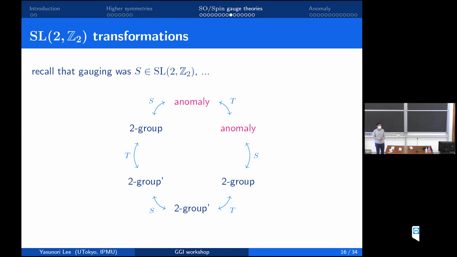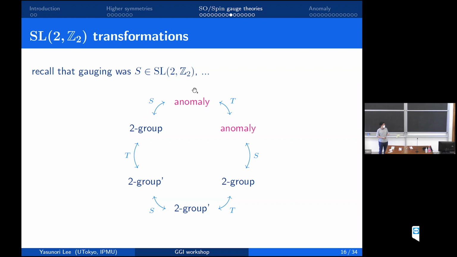They were related to each other by gauging of one-form symmetry, which corresponds to the S transformation. If you carefully examine the action of the S and T transformations, it turns out that theory with mixed 't Hooft anomaly between zero-form and one-form symmetry and theory with two-group symmetry also form an orbit under this SL(2,Z) action.